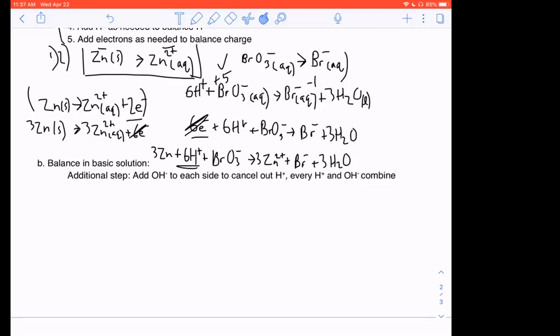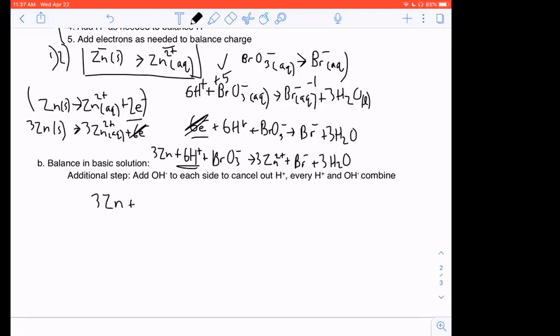Okay, I had a couple correct answers so far, so very nice. Okay, perfect. So quite a few are saying the right answer. As people are telling me, what you do then is, if you add an OH minus for every H plus, since there's 6 H pluses, we're gonna add 6 OH minuses to each side. And so we're still gonna have the 3 zinc here.